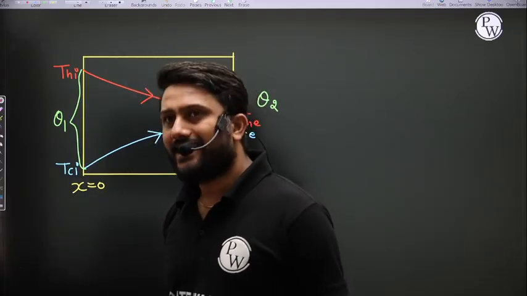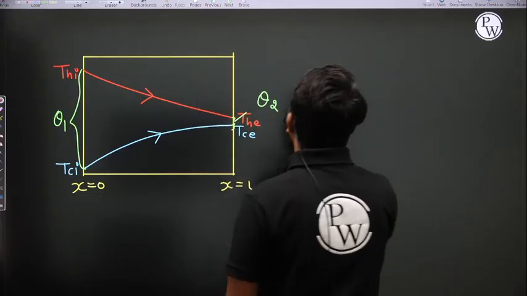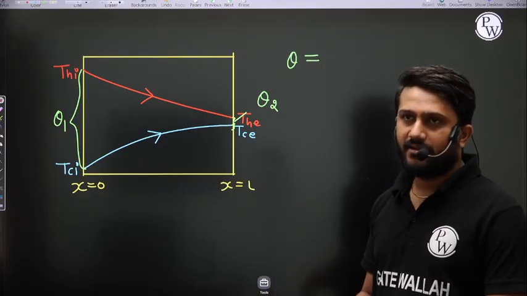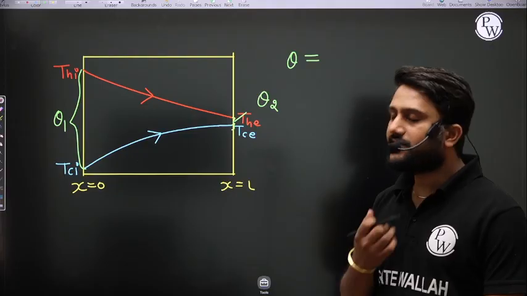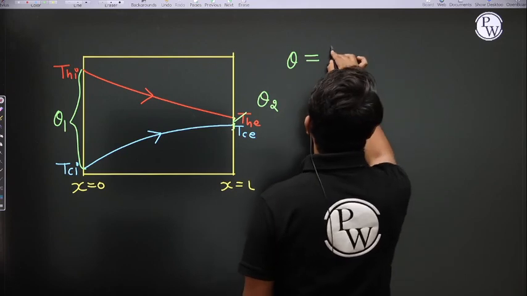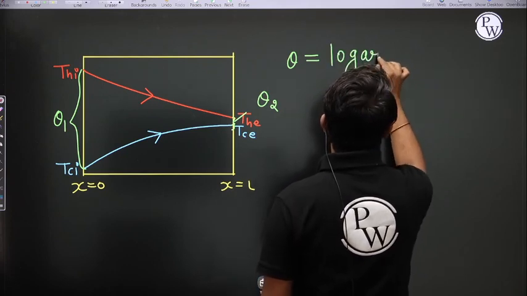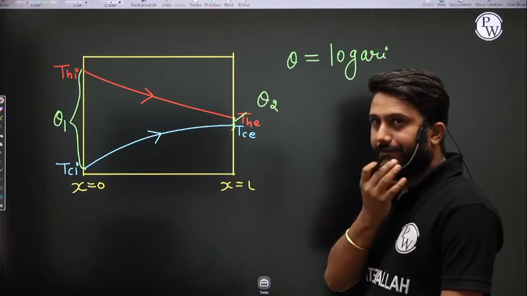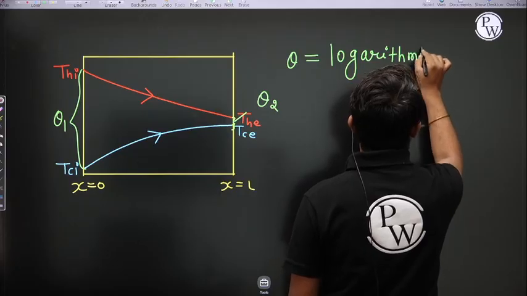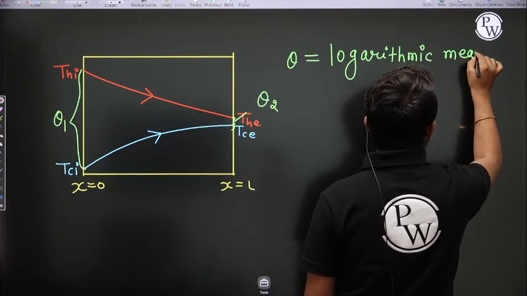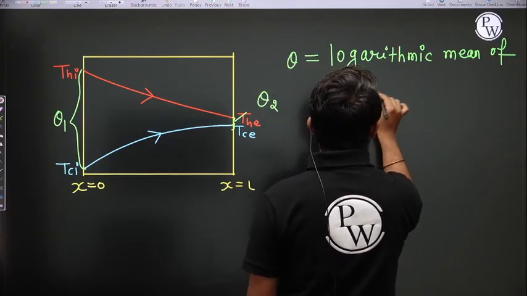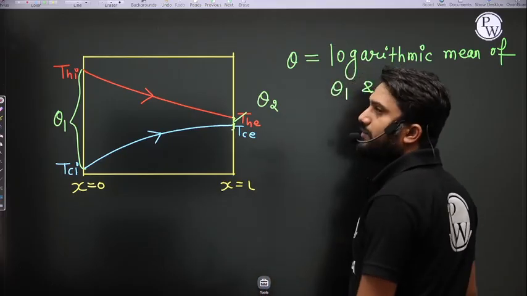So directly I can write that when the derivation is performed, you get this theta as the logarithmic mean of theta 1 and theta 2.